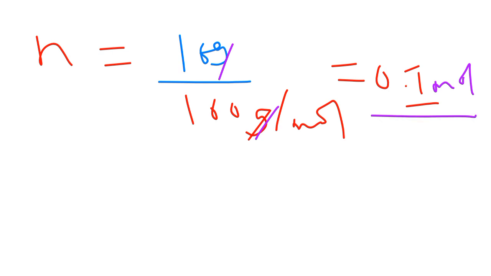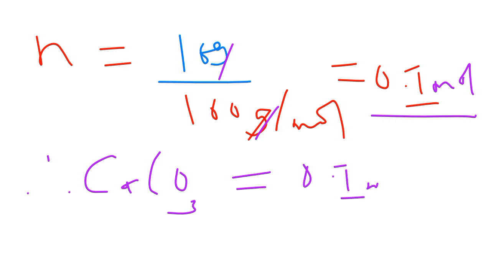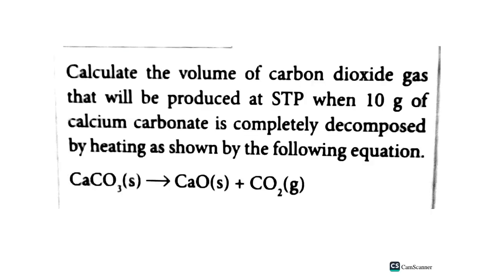Therefore, this calcium carbonate, before decomposing, was 0.1 moles. After that, we go on to the balanced chemical equation. Calcium carbonate, when it is decomposed, forms calcium oxide and carbon dioxide.